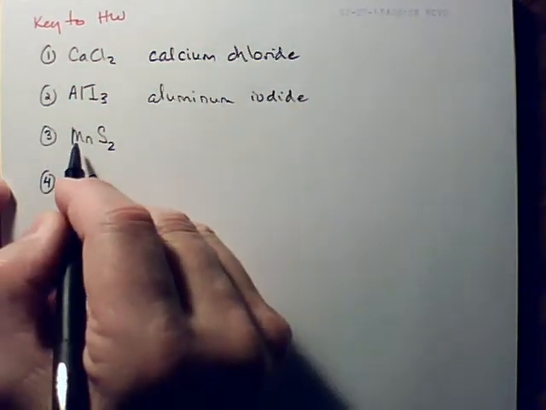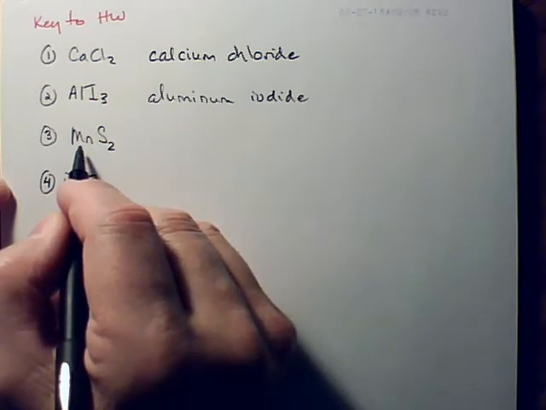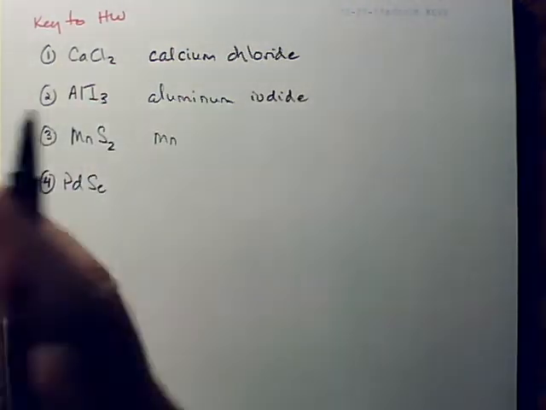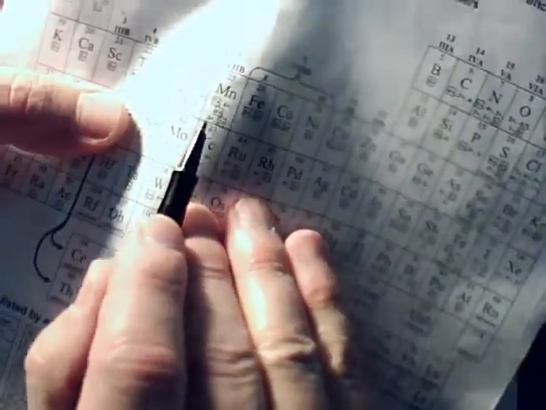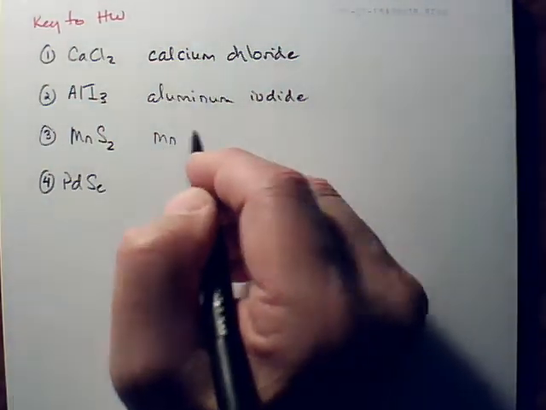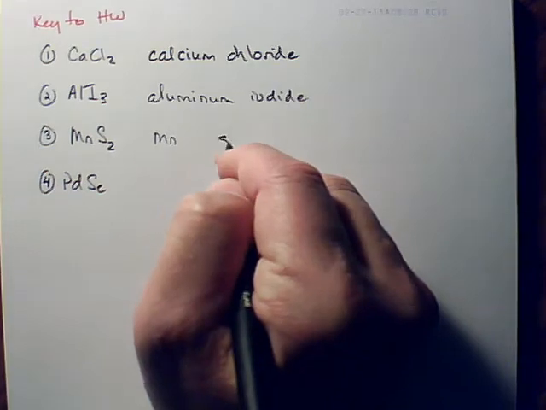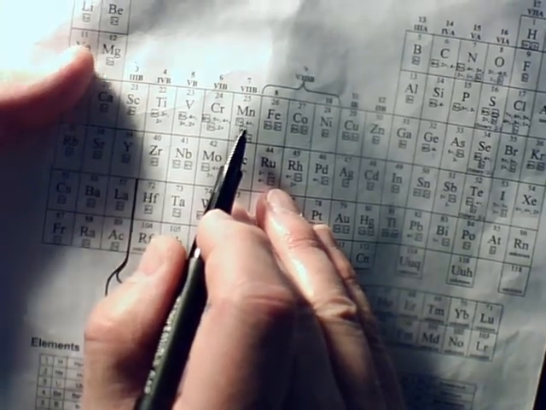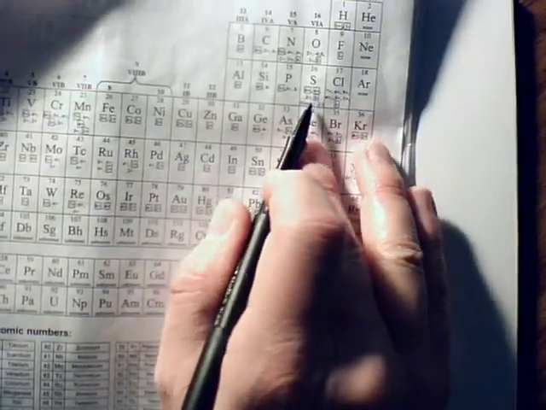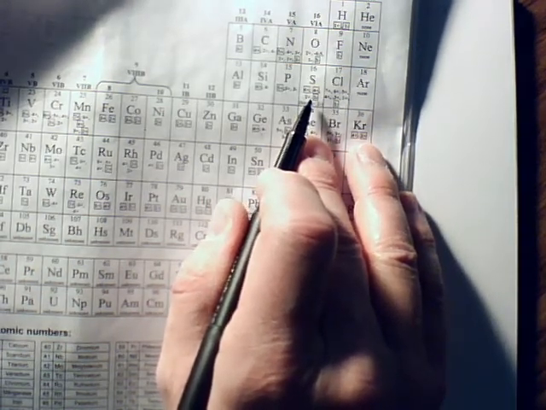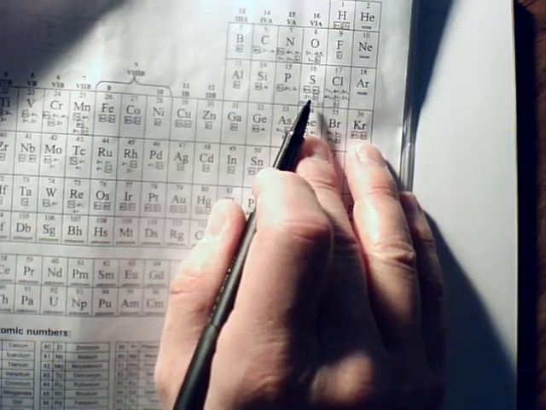Okay? Alright, so now we go to this next one. Now what we have is manganese, and manganese has a lot of oxidation numbers. It has 5 different oxidation numbers. So we have to figure out which one this one's going to be. We're putting it together with sulfur, and if manganese only has positive oxidation numbers, our compound has to be neutral. So we need to find a negative oxidation number for sulfur, and the only negative oxidation number that sulfur has is 2 negative.